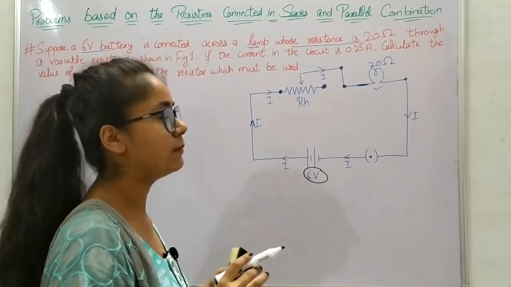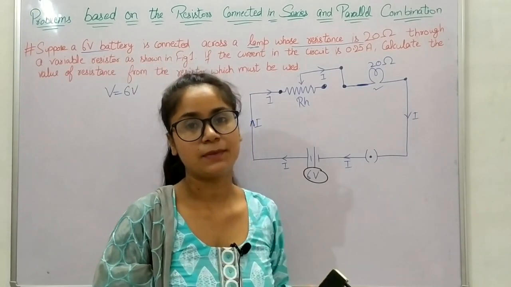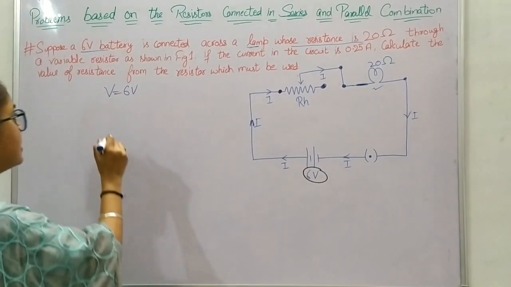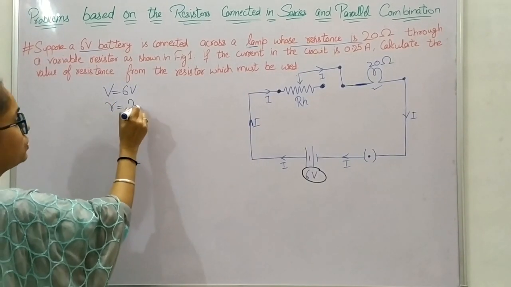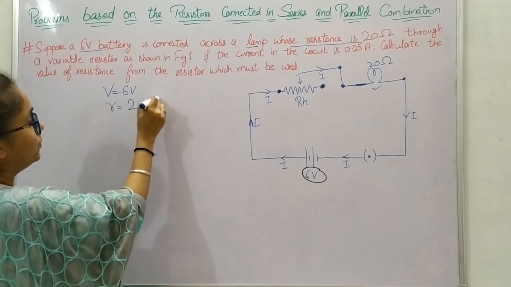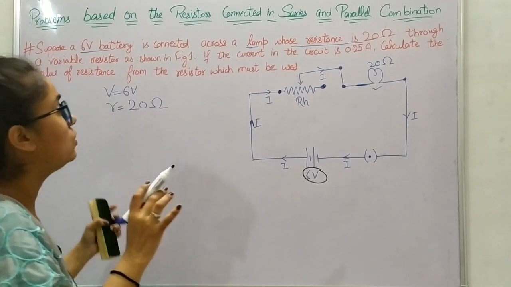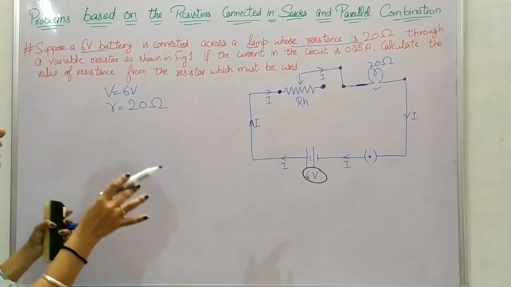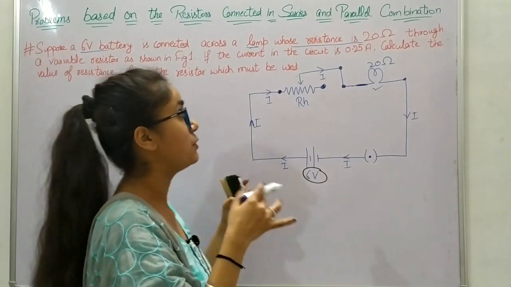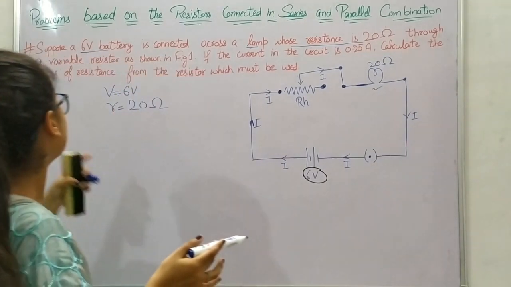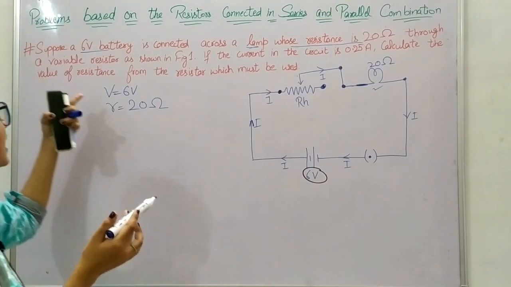But here we are talking about the resistance of the lamp. So let us name it as small r, which is equal to 20 ohm, through a variable resistor.